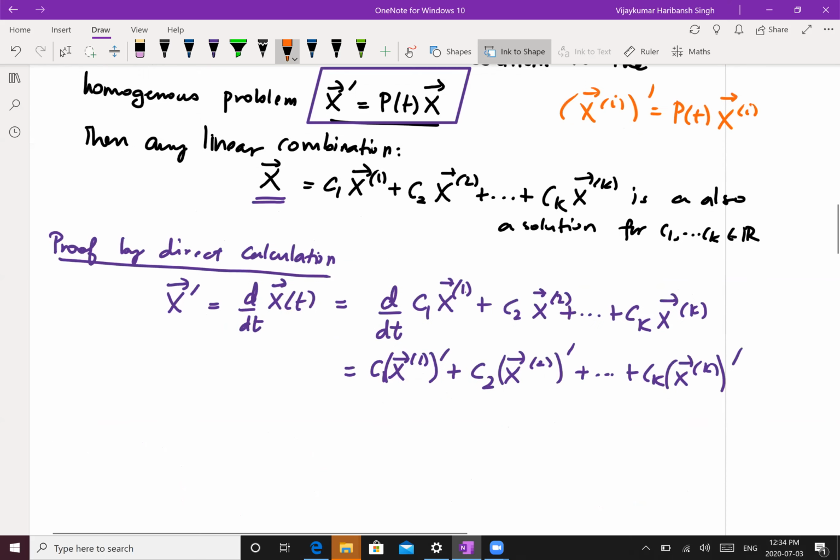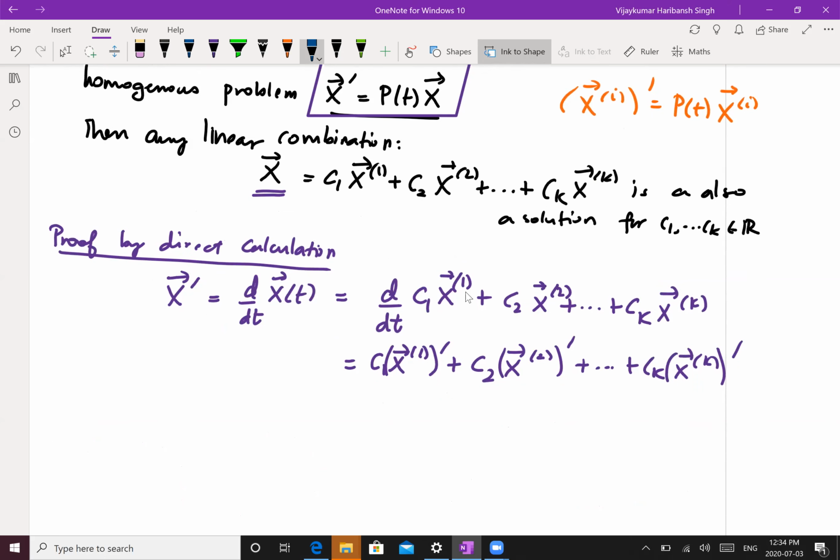So I'm going to replace this now by c1 P of t x1 plus ... plus ck P of t xk. Now the ci's are constants, so they can commute with the matrix and go inside.